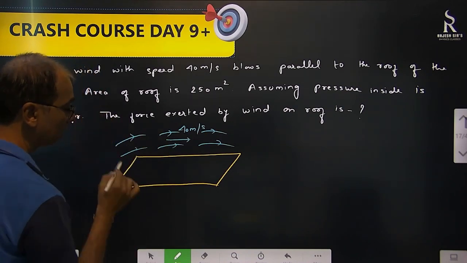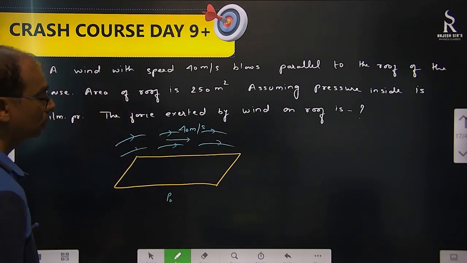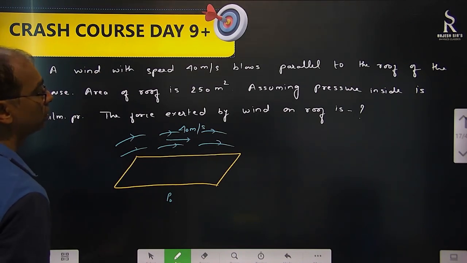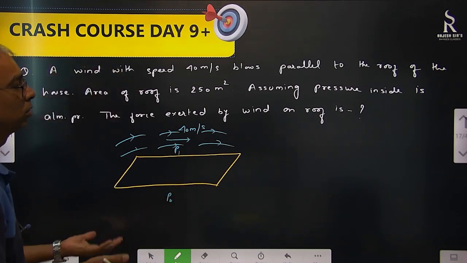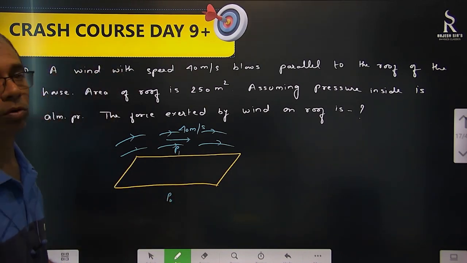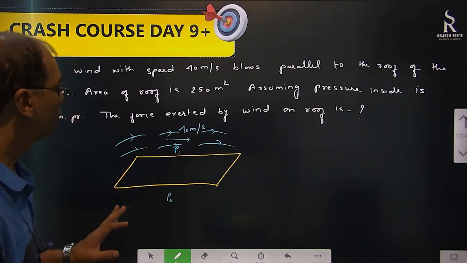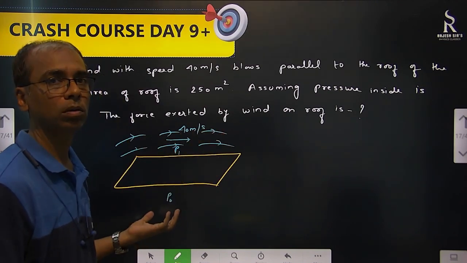Here they say atmospheric pressure is there. Then what do they want? The force exerted by wind. Now we should know what the pressure is here, then only we can find out the force exerted by wind on the roof. But as we have discussed before, here velocity is more, here velocity is zero.